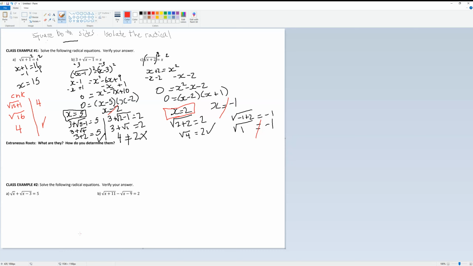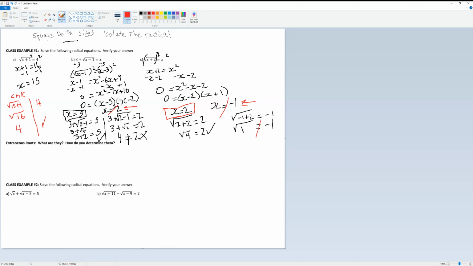Okay, so those extraneous roots, that's what we were looking at here. An extraneous root is a value that does not satisfy the original equation. You can look at the key for this. I'm not going to write it out because I've just got a little mouse here. But here's an extraneous root, and here's an extraneous root.